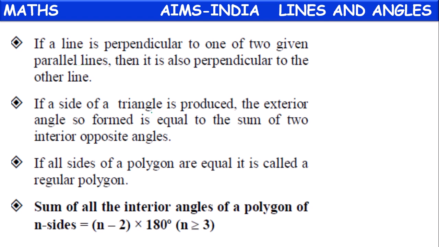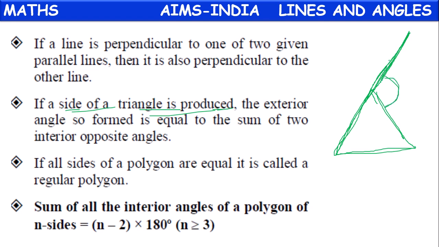Next, if the side of a triangle is produced, then the angle formed between the extended line and its adjacent side is considered an exterior angle.